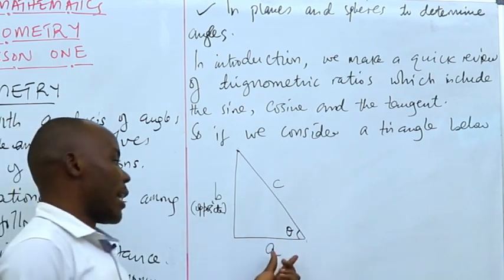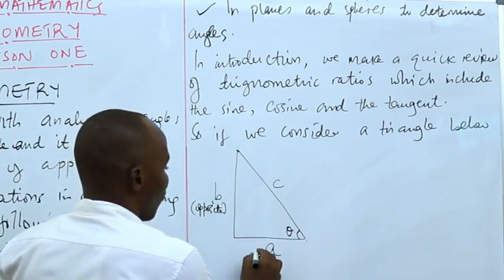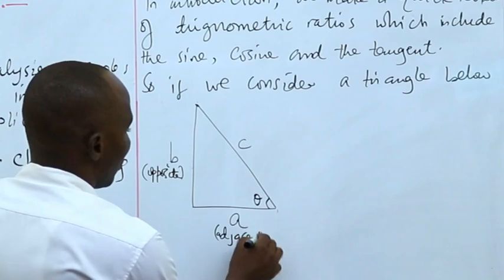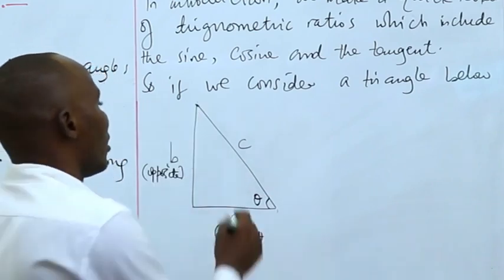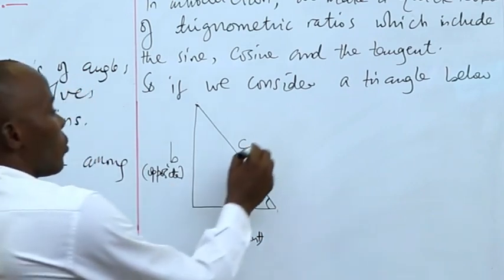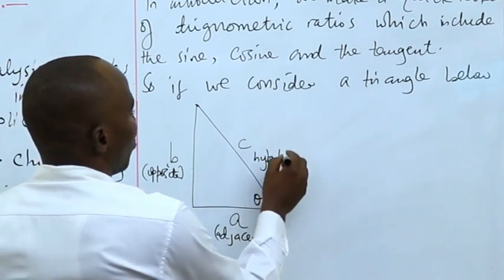The side adjacent to the angle, I've called it A, but we can call it the adjacent side. And always this slanting side that connects the opposite and adjacent sides of the angle is what we call the hypotenuse side.